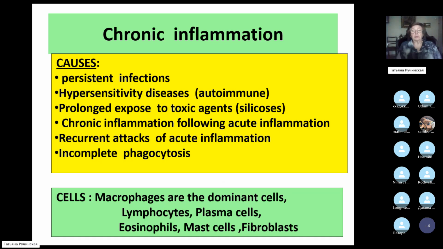And some words about chronic inflammation. I think I told you a little bit on the previous lecture. So, the causes which can lead to chronic inflammation, you understand, these are questions in your colloquium.